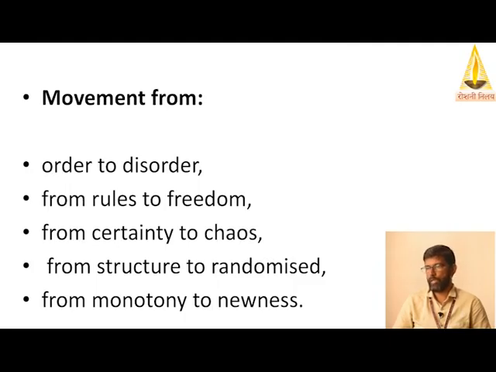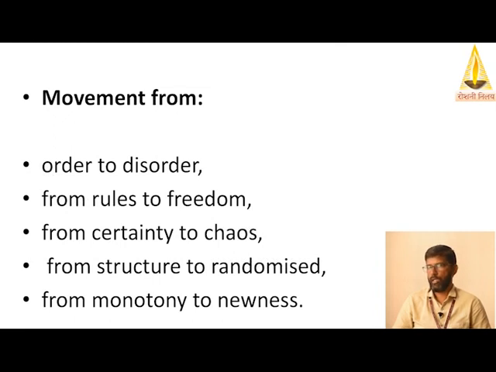From structure to randomized. Especially, I gave the example of a poem which was highly structured in the sense that it had four lines and those lines were precisely rhyming. The first line had to rhyme with the third and the second had to rhyme with the fourth, but that does not happen anymore.